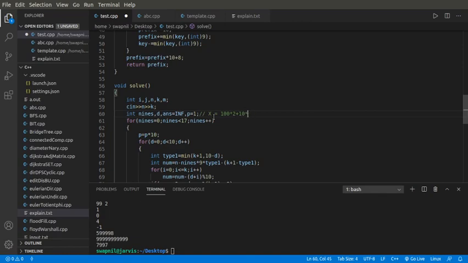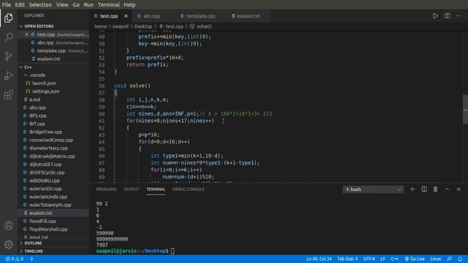Suppose it is 2, 1, and 3, then this number will be 213. So the significance of p is this only. P is giving the powers to the prefix which I'll be using to construct my particular x.